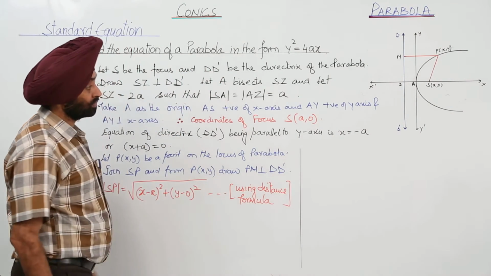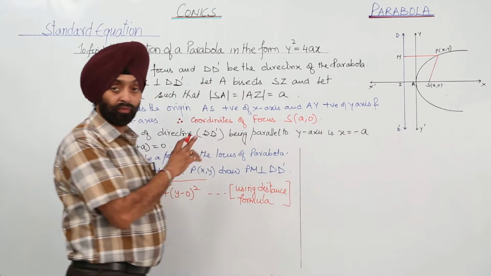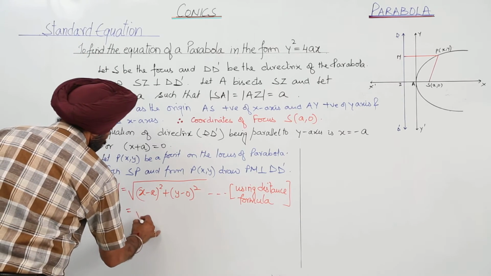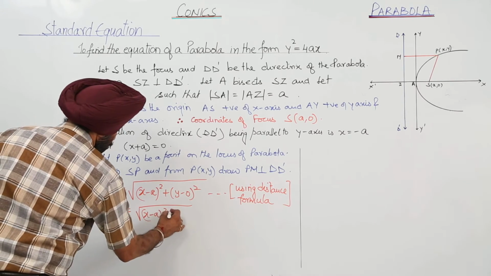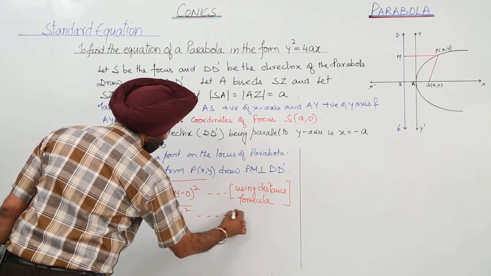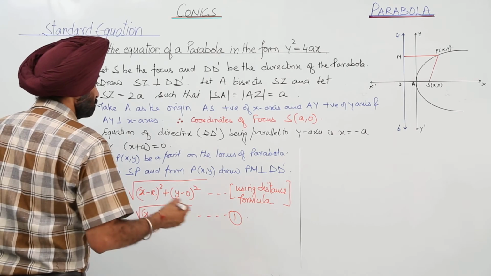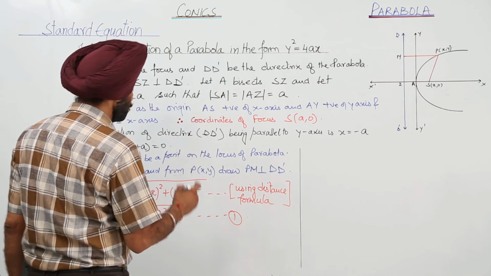We have used the distance formula for S and P. The coordinates of P are x comma y and the coordinates of S are a comma 0. So we can write it as the square root of (x minus a) whole square plus y square. Let this be equation 1. Now we are left with PM.